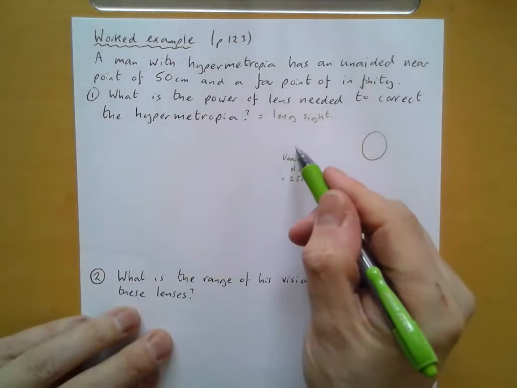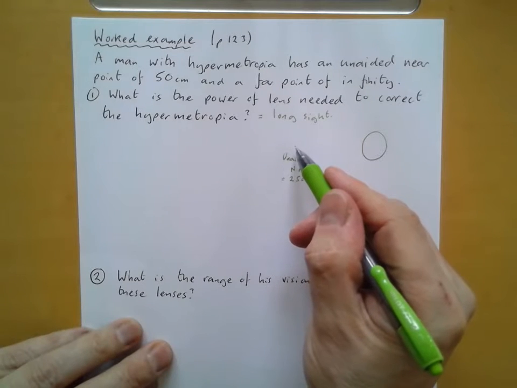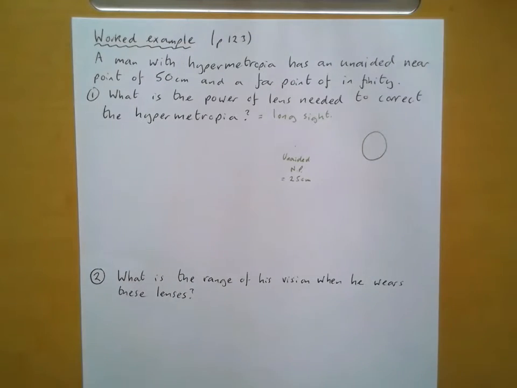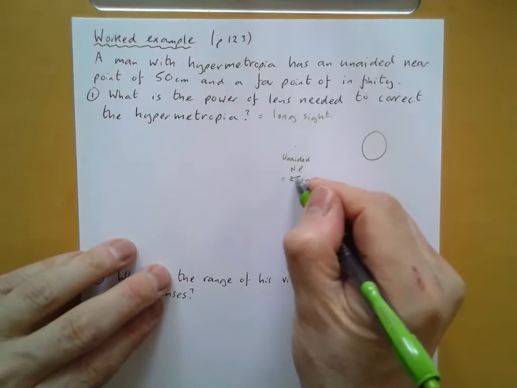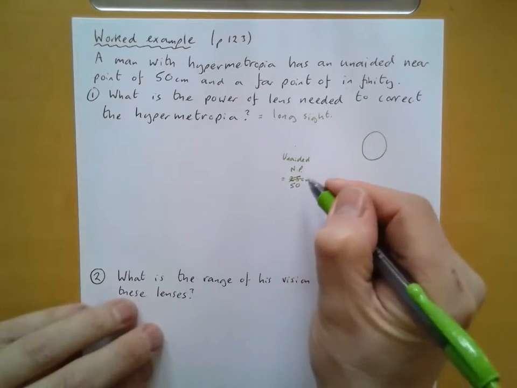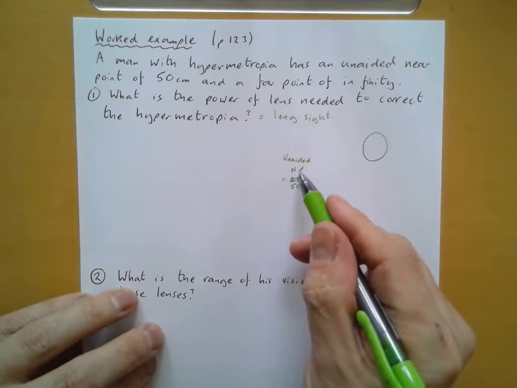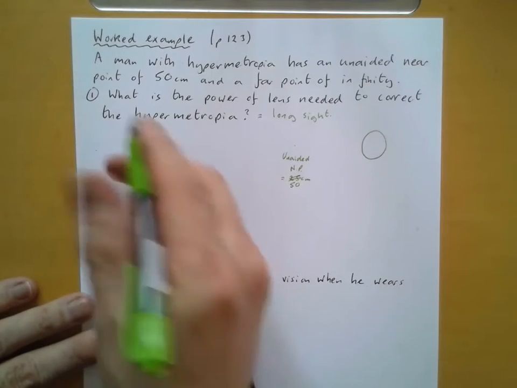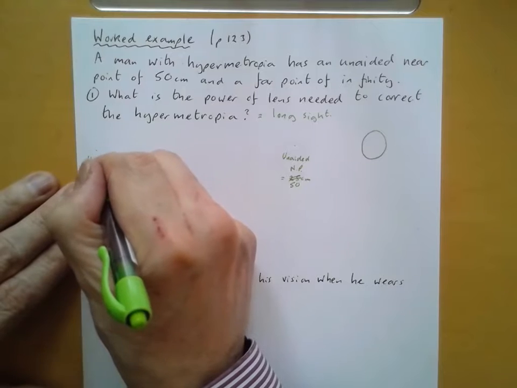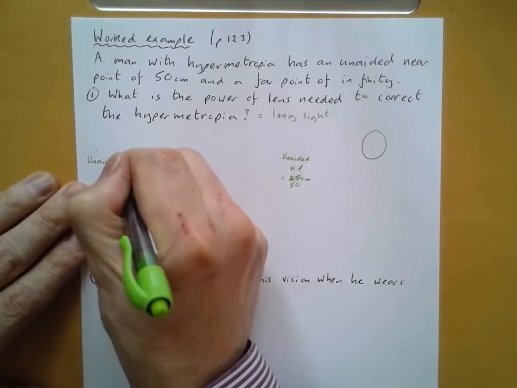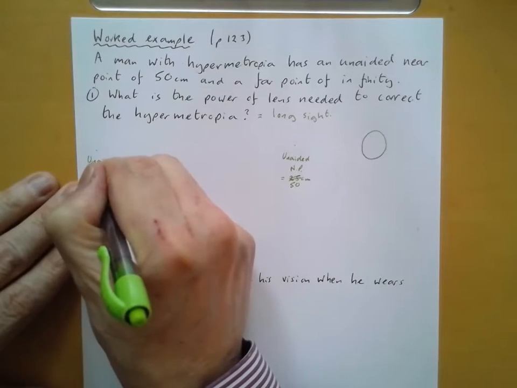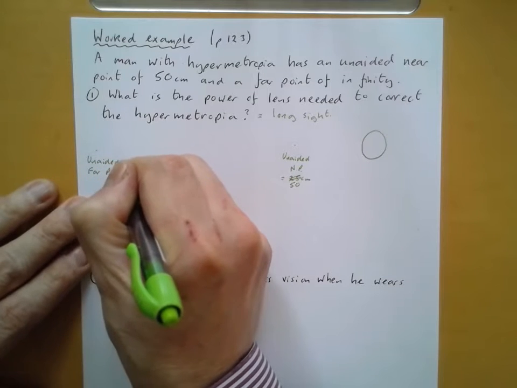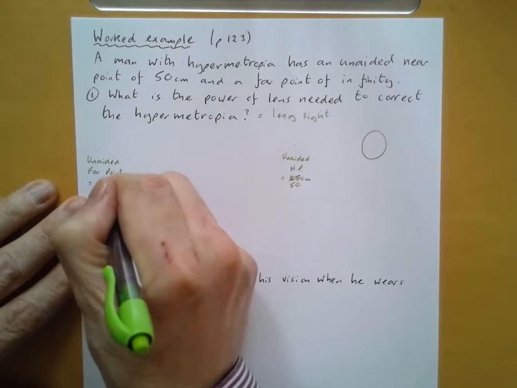So he can focus an object at 20, no, sorry, that was an error, wasn't it? It's 50. So he can focus an object at 50 centimeters. He can also focus a distant object, so his unaided far point is at infinity.